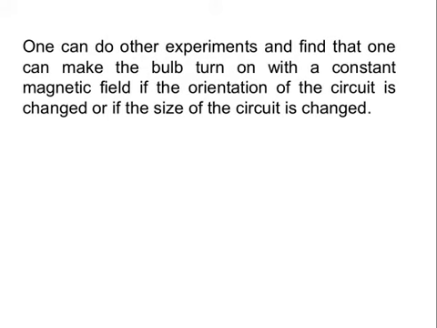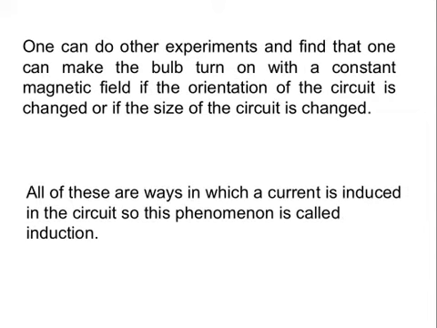One can do other experiments and find that one can make the bulb turn on with a constant magnetic field if the orientation of the circuit is changed or if the size of the circuit is changed. All of these are ways in which a current is induced in the circuit, so this phenomenon is called induction.